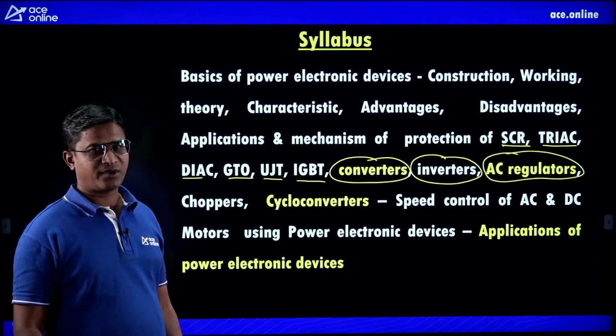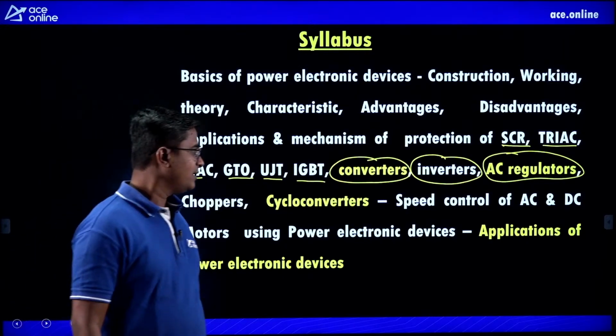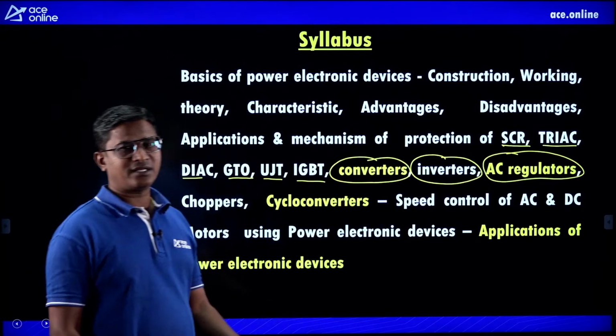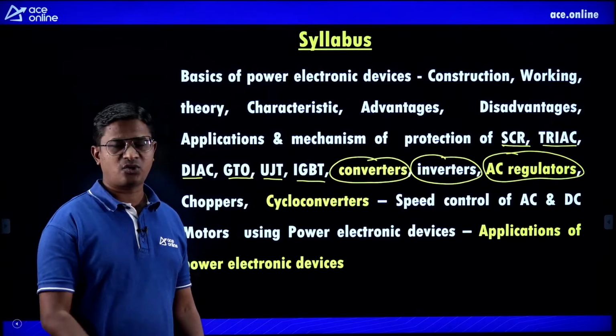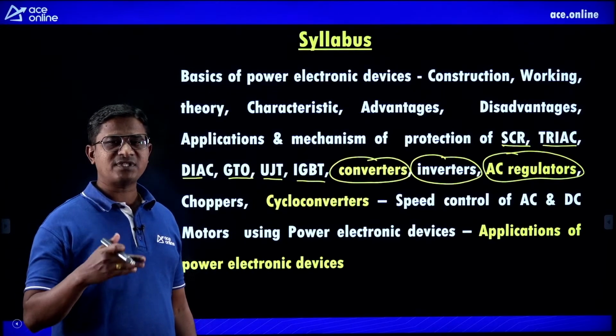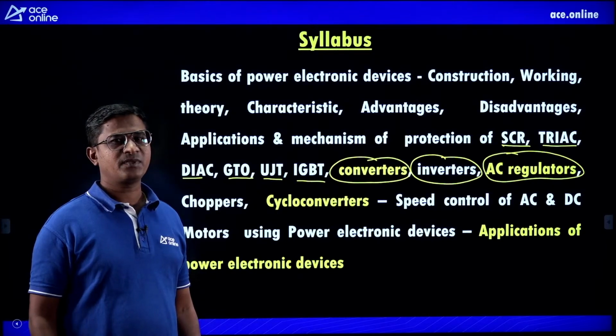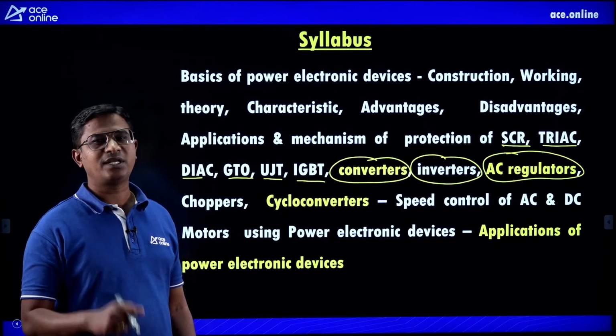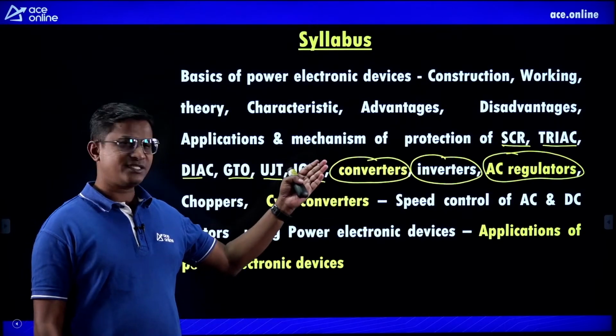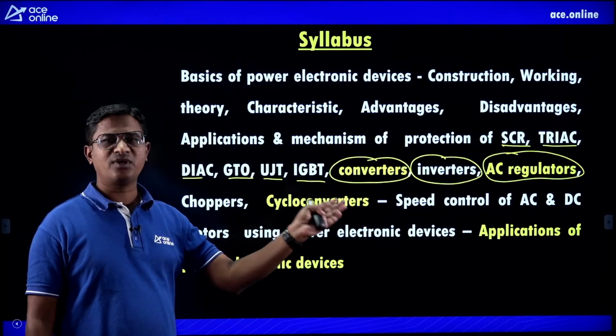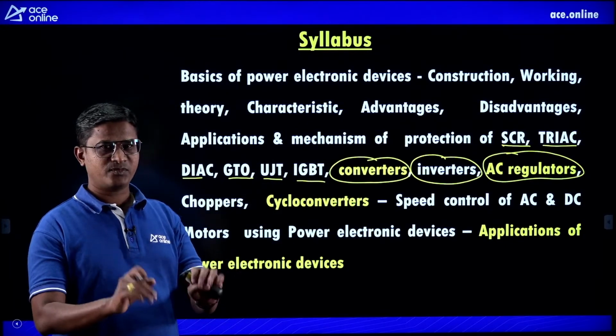In AC voltage regulators we have integral cycle control, single phase half wave AC voltage regulator and single phase full wave AC voltage regulator. You can say AC voltage regulator or AC voltage controller, both are the same.